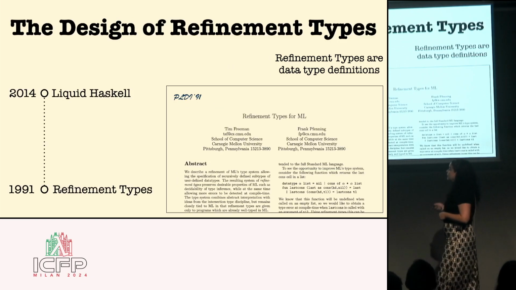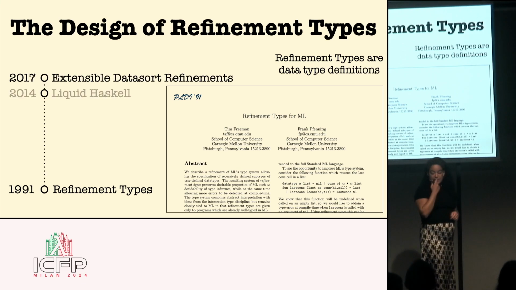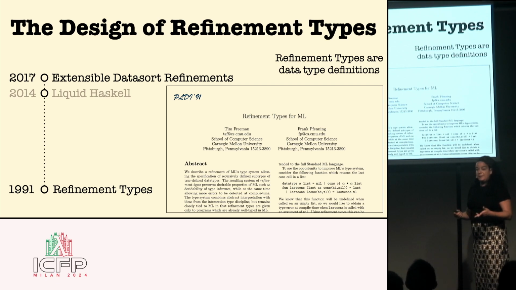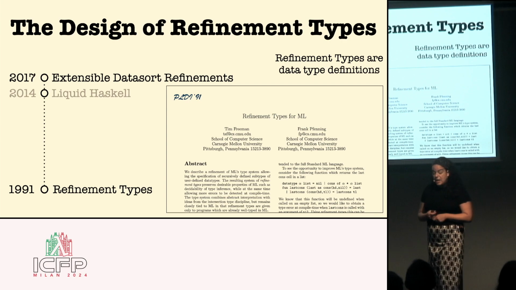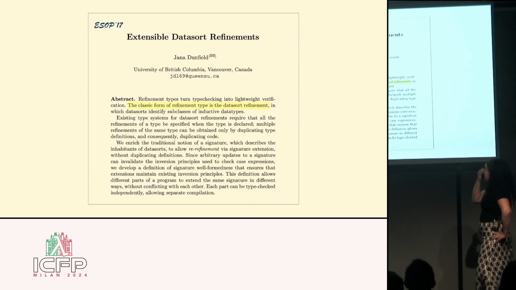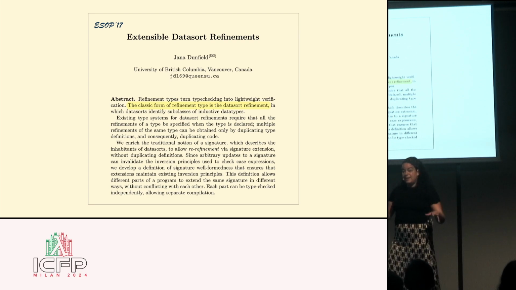So this notion of refinement types did not make it to Liquid Haskell, but there is a lot of work still happening in this notion of refinement types. And if you want to learn about this, the paper I suggest is 2017, Extensible Data Sort Refinements. This paper, of course, describes how to extend data sort refinements. But for me, this was a very good paper to understand these different notions of refinement types, right?